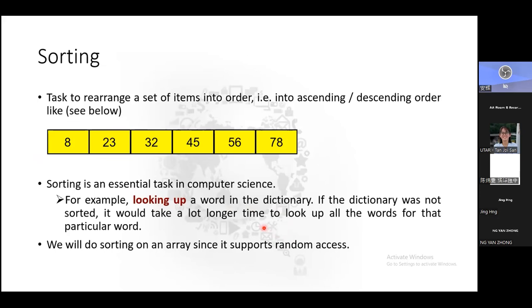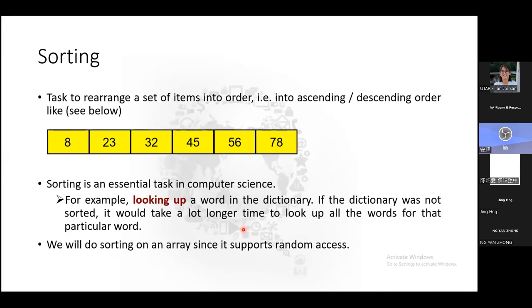But last time, we had the hard copy, which means the book. So if you look up in the dictionary, you look up based on the arrangement of the words, right? Let's say from A, B, C until D. If it is a word starting with the letter H, you know to follow from A to B and then until H. So you just go to H and then look up the word.